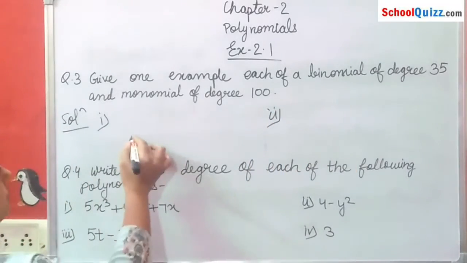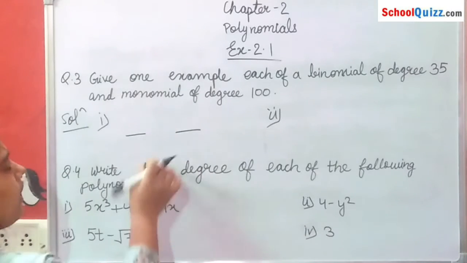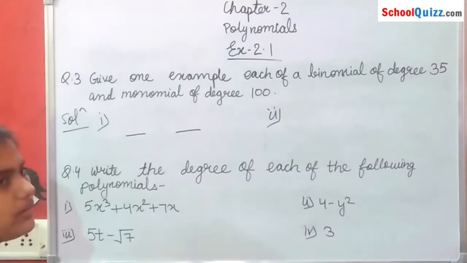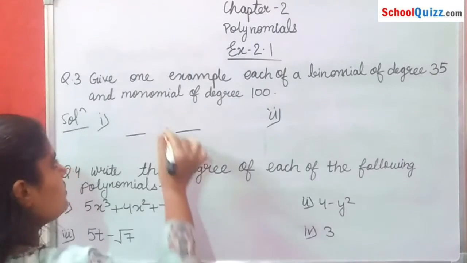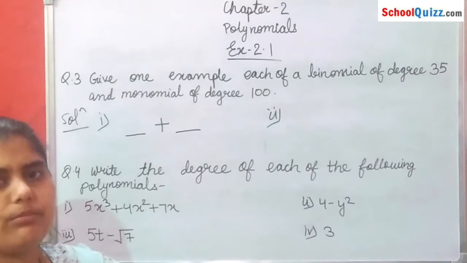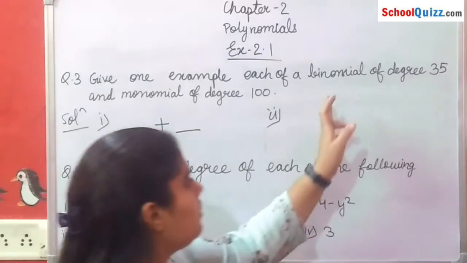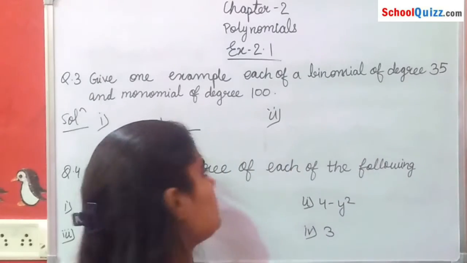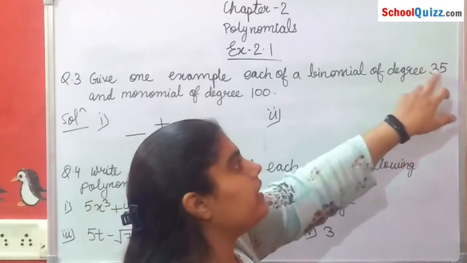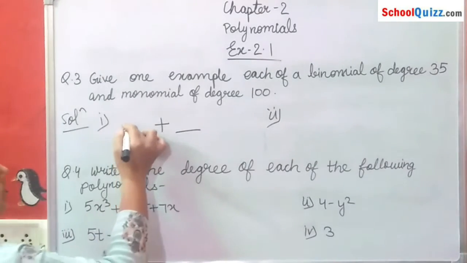So generally in the first example we will be needing 2 terms. Okay, and we can put any sign here. We can put plus, minus, any sign. Instead of multiply and divide, we'll be using plus or minus. So binomial means 2 terms. Yes, we have taken 2 terms. Degree 35. डिग्री कितनी होनी चाहिए हमारे पास में, 35 होनी चाहिए.